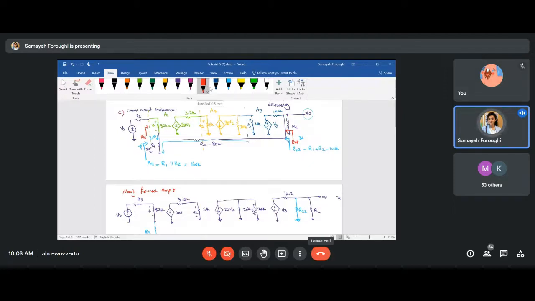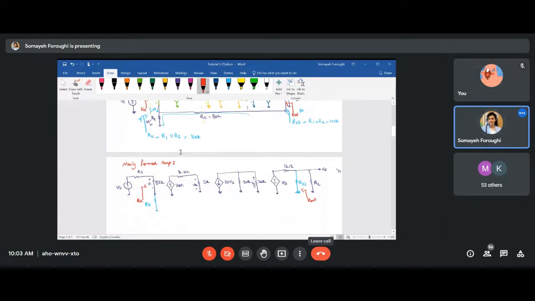You're still looking at Rout from here, and Rin from here. But if you want to consider the effects of that Rs and R load, then you are going to have your ROF, which is going to be a feedback output resistance, and this is going to be RIF. Remember this. So Rout is different from the feedback output resistance.